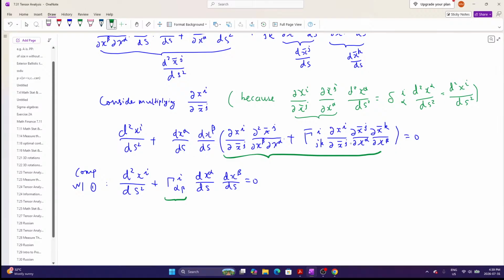Okay, so pay attention that this is another Kronecker delta. This is just delta I alpha, which means you can swap I here to alpha. Amazing, isn't it? So you can do that.